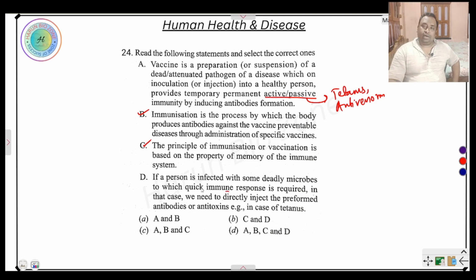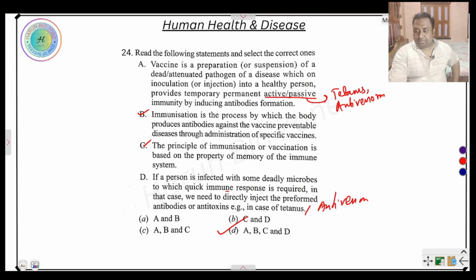When the polio virus again attacks that person, the prepared antibody or memory cells respond. Where a quick response is required, we need to directly inject preformed antibodies like tetanus or antivenom. It could be tetanus, it could be antivenom. Antivenom. This is answer D.